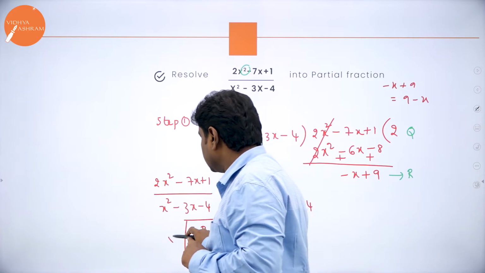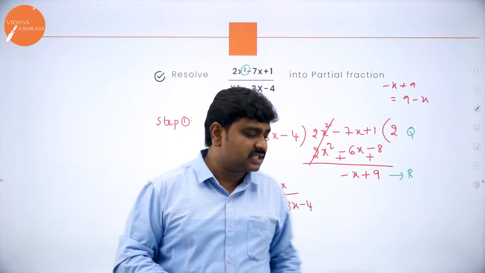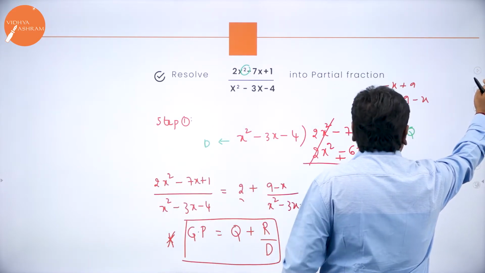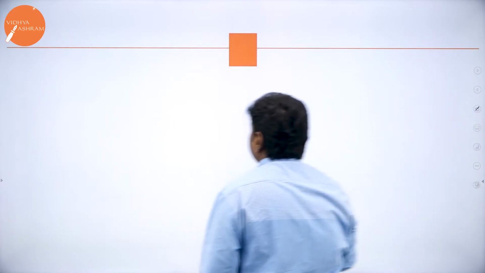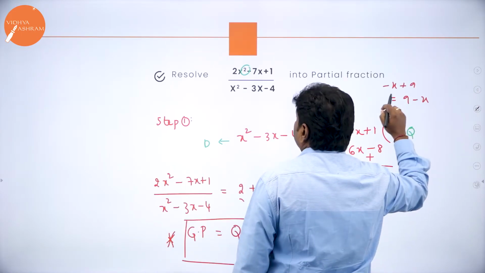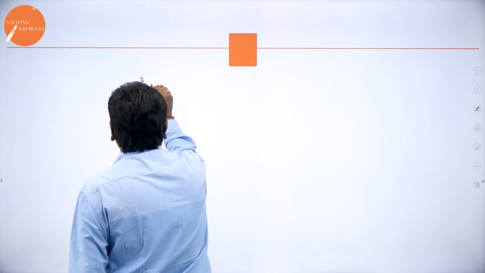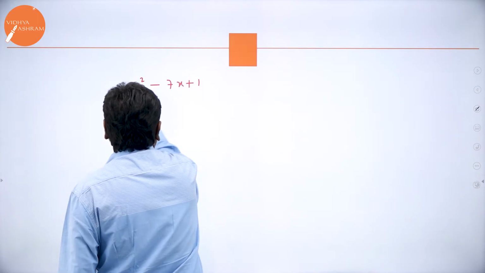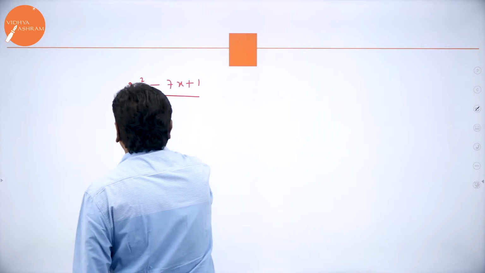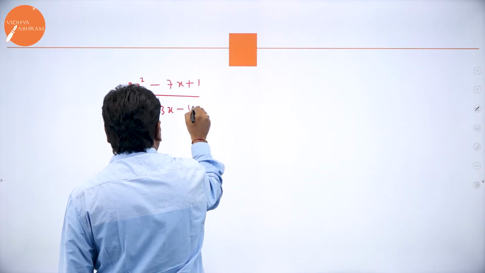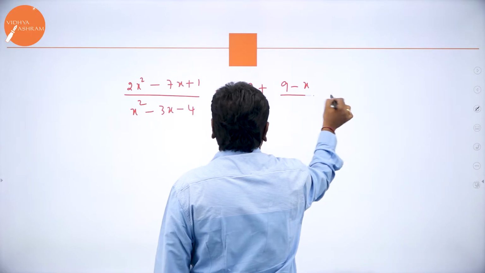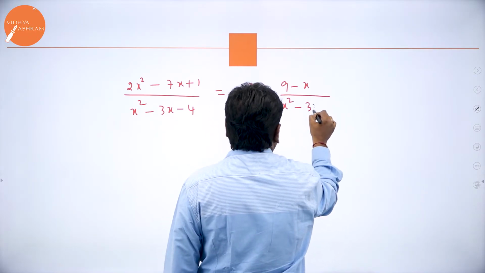So this you should know, and you have learned it in your high school, in your basic maths. Now we have to rearrange this. So 2x square minus 7x plus 1 divided by x square minus 3x minus 4 was given, and I wrote this as 2 plus 9 minus x divided by x square minus 3x minus 4.